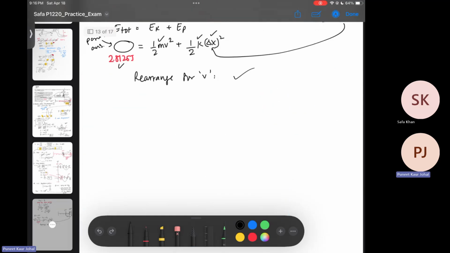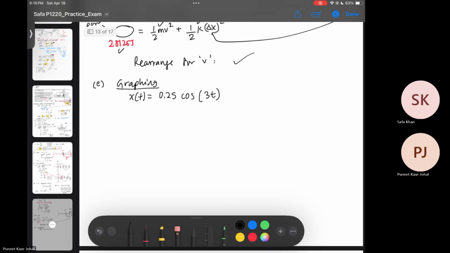Okay, graphing. So the equation looks something like this: 0.25 cos 3t. Just for reference, this is what your cos graph is going to look like.